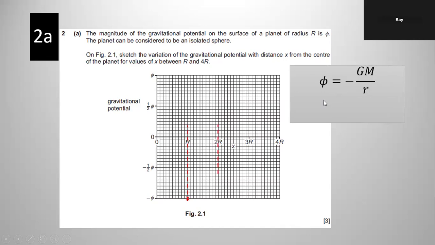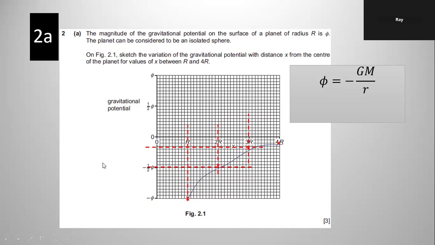At 2R it is divided by 2, so it's minus half of 5. Not required for 3R. 4R you can calculate out: 0.25. 0.3 is about 1/3.